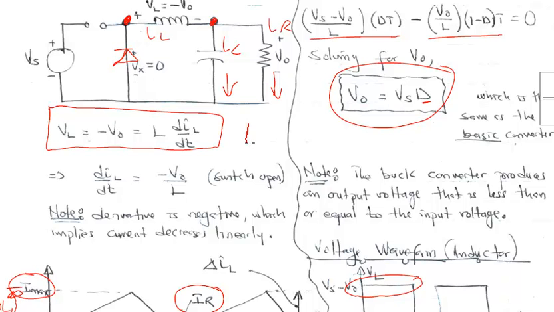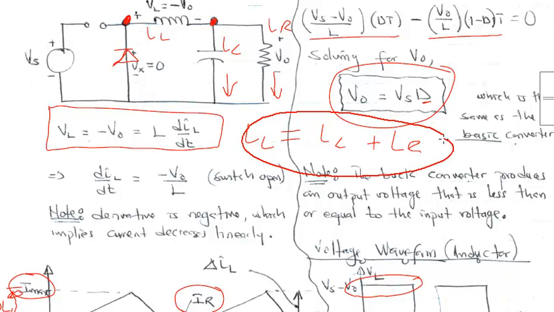So if I write my KCL at this node, then IL should be equal to what? IL should be equal to IC plus IR. This is my KCL. We said that this buck converter is operating in steady state, and one of the assumptions is that during steady state operation, the average current through the capacitor is 0.